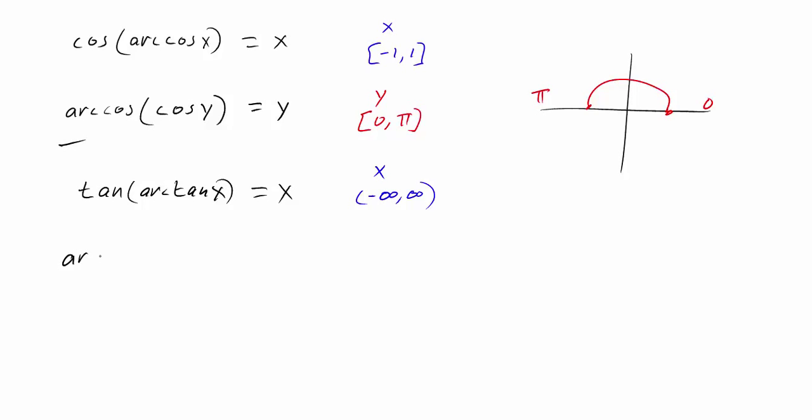And then if we look at it the other way, if we took the arc tangent of the tangent of y, this would simply be equal to y as long as our y value is, remember, this is where I marked off on the circle, going from -pi/2 to +pi/2.